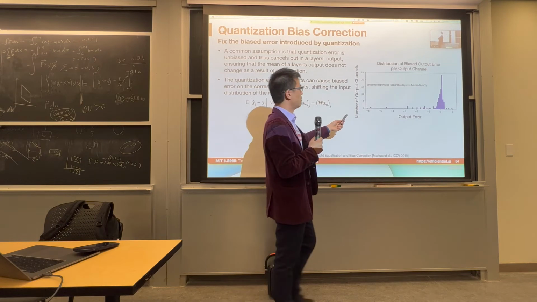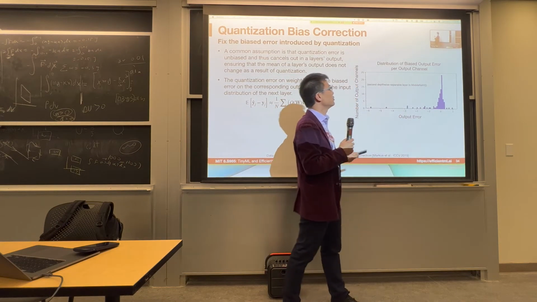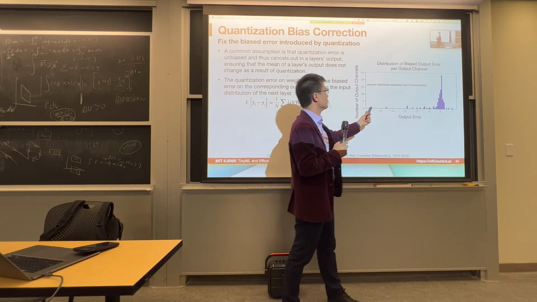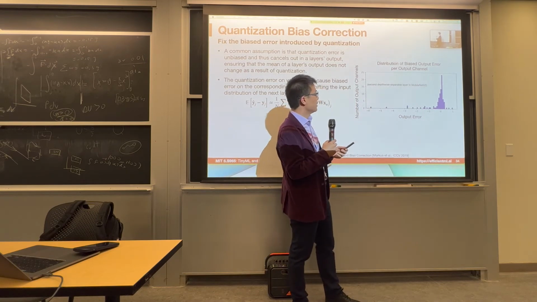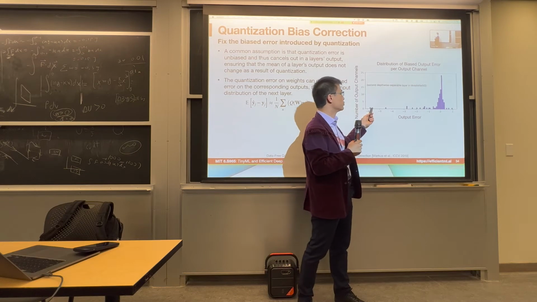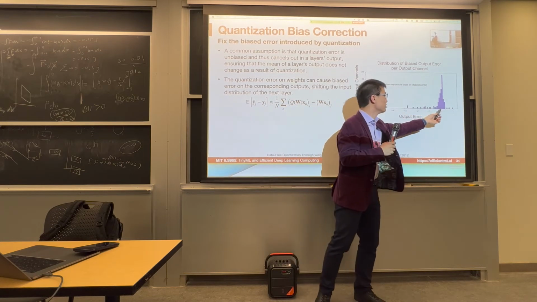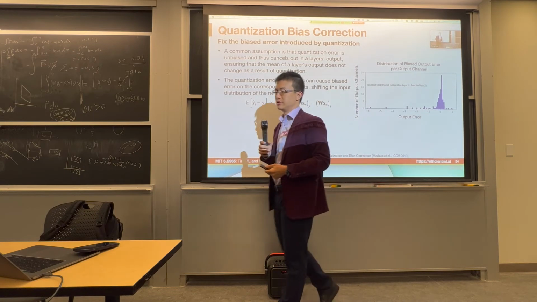For example, this is the output error. This shows the distribution of bias output error for each output channel. We can see some of the output error could have a pretty large absolute value, and only a few of them are around 0.